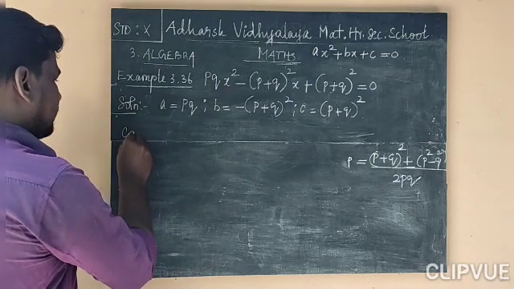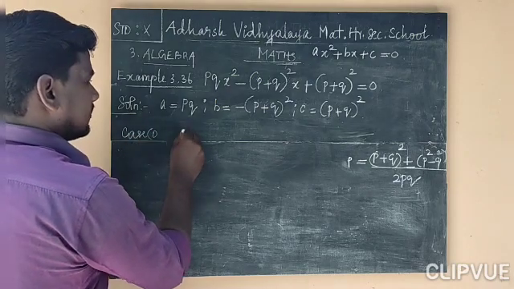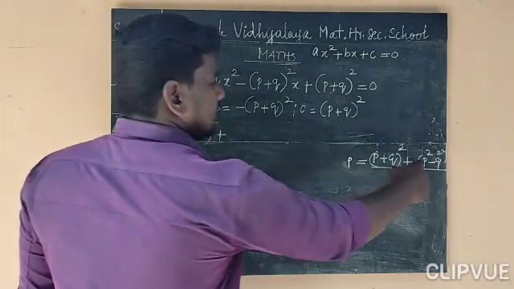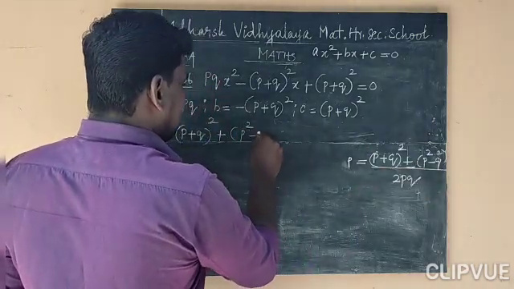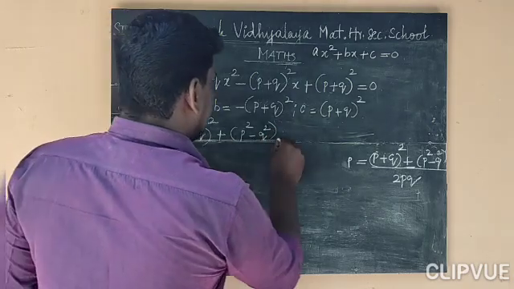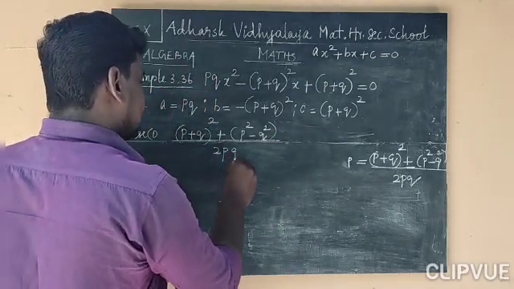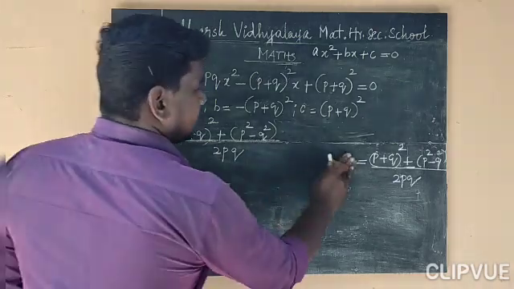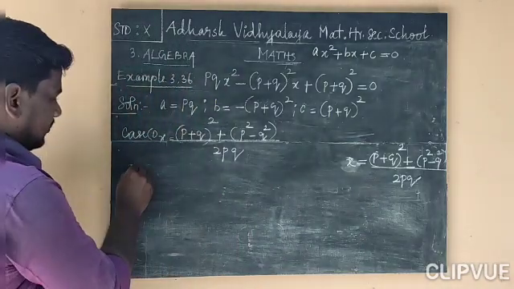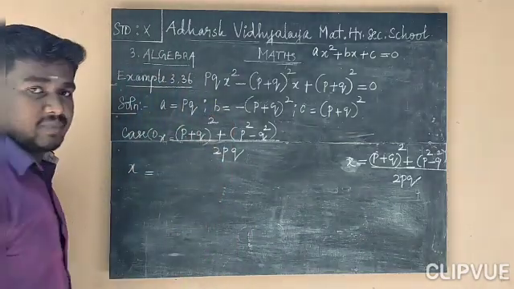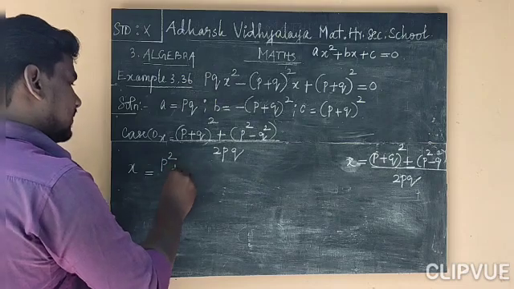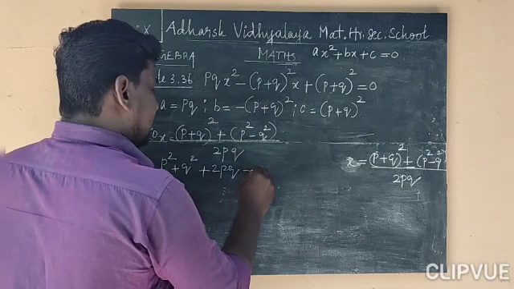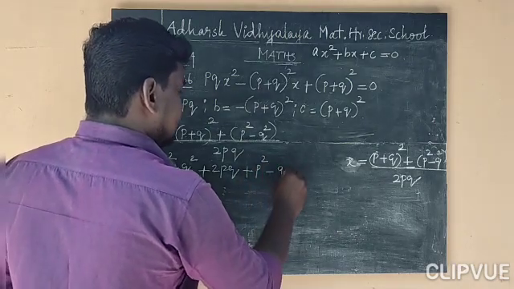Case 1, I am going to take plus. So (p plus q) whole square plus (p square minus q square) divided by 2pq, which is equal to x. Here x is the variable. So x is equal to the expansion, that is p square plus q square plus 2pq plus p square minus q square.